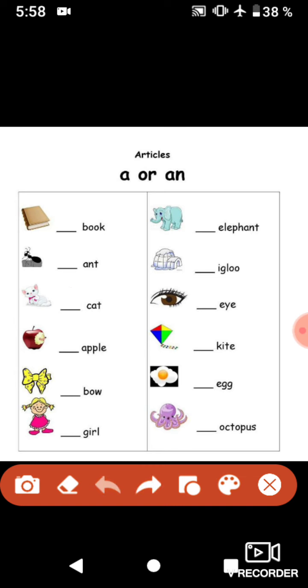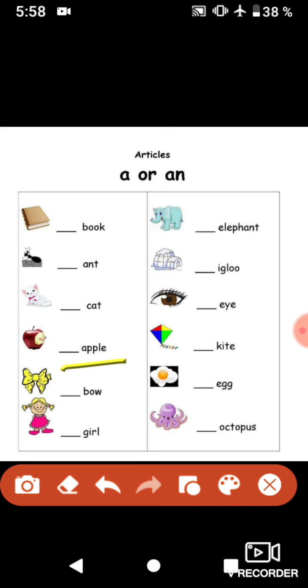Okay, perfect. The next one, we are talking about apple. We are going to say an apple or a apple. If we say a apple, it sounds weird, right? We are going to use an apple because we have a vowel sound at the beginning.